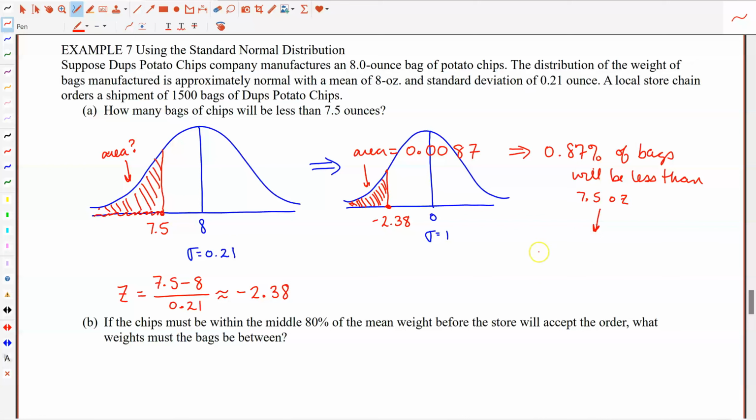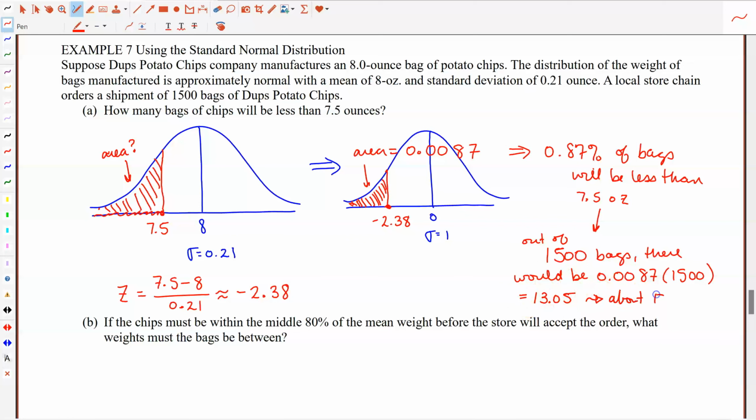So out of the 1,500 bags, let's figure out what 0.87% of 1,500 is. The 0.87% as a decimal was 0.0087. We'll multiply that by our 1,500. And it's giving me exactly 13.05, so about 13 bags.